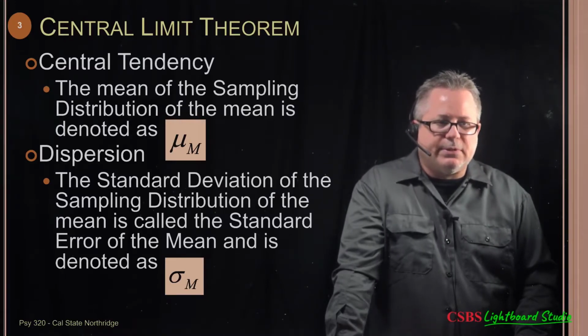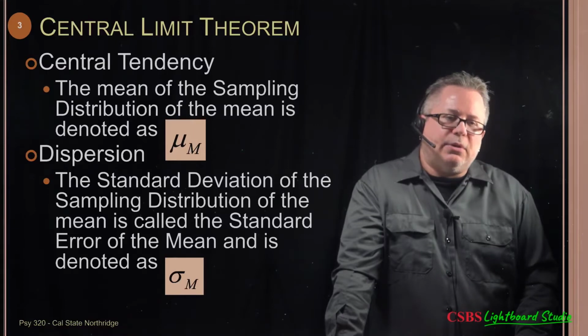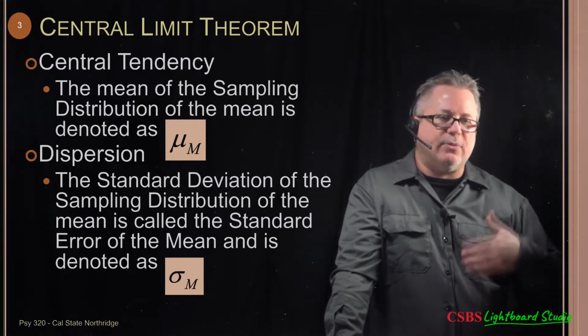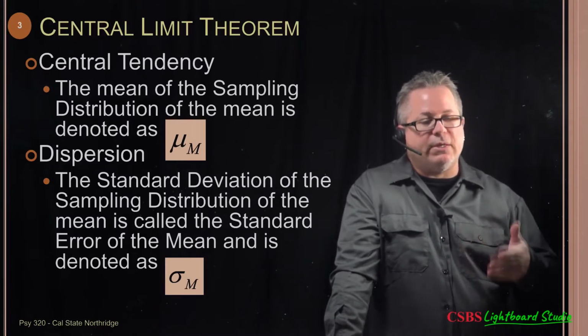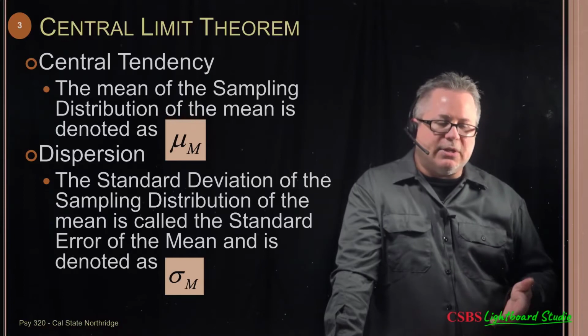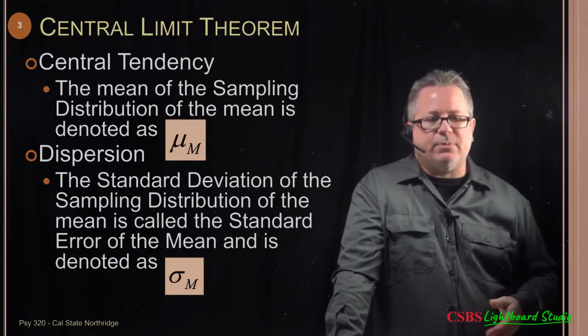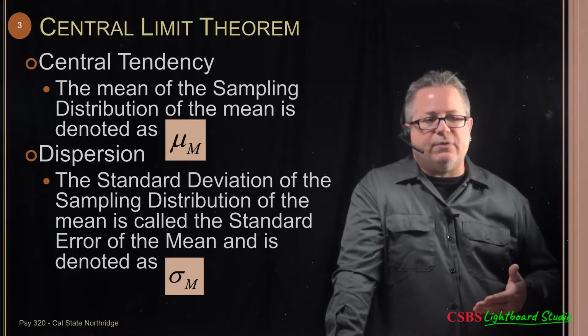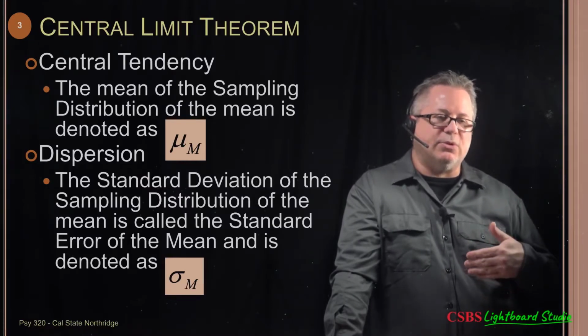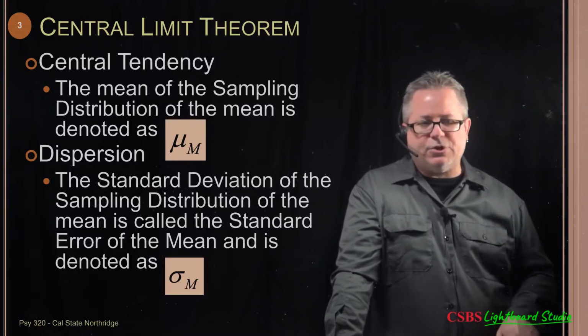We know the central tendency of a sampling distribution: when we take means from the same population over and over again, how will the means behave? Well, based on the central limit theorem, it's going to be similar to the population mean.